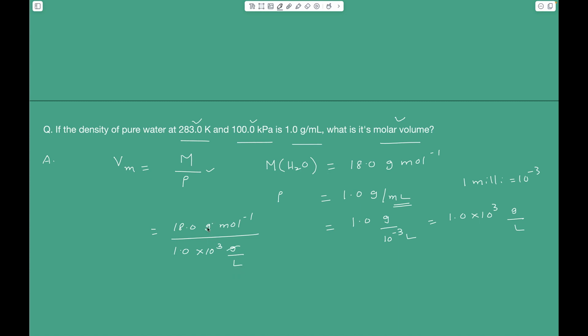Now cancel these two units and simplify this to get its molar volume in liter per mole at this temperature and pressure. Now don't think that you have to use every piece of information that is provided in the question. To answer this question, we did not use the temperature and pressure mentioned in this question. We don't need these values to answer this question, right?